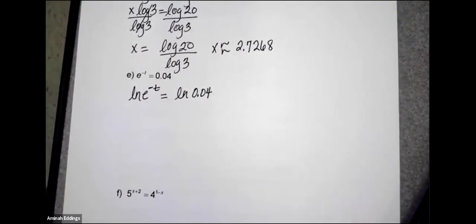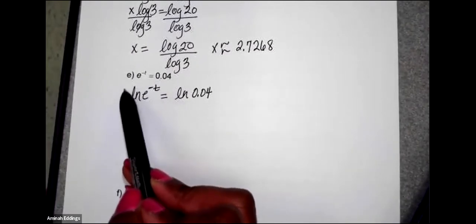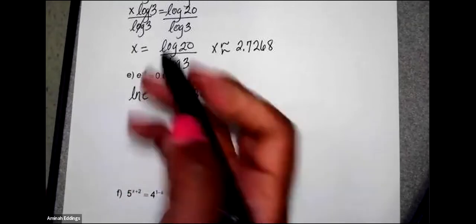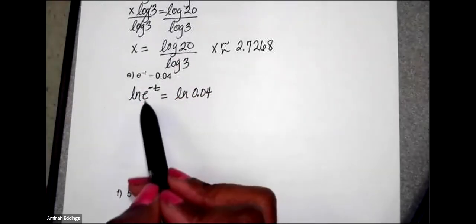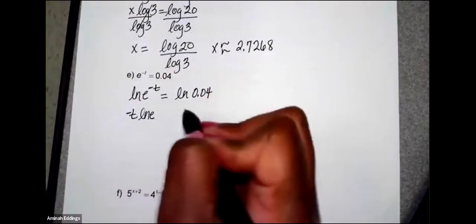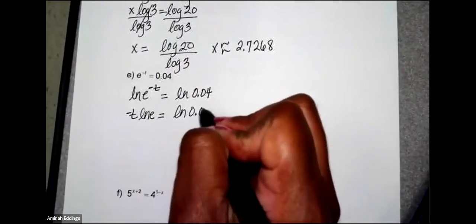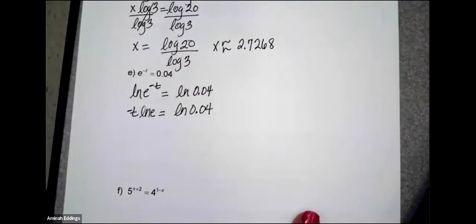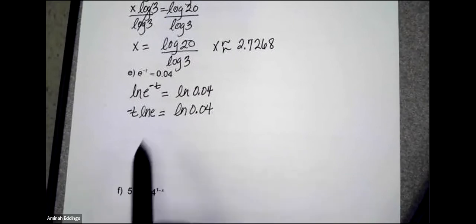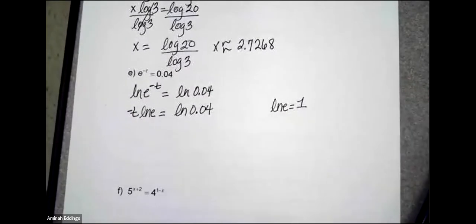Now I can use my power rule that says the exponent can come to the front. And so I end up with negative t times the natural log of e is equal to the natural log of 0.04. Now, I don't know if you all remember, but the natural log of e is equal to 1. Okay.